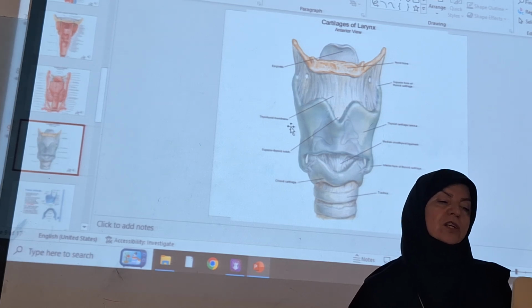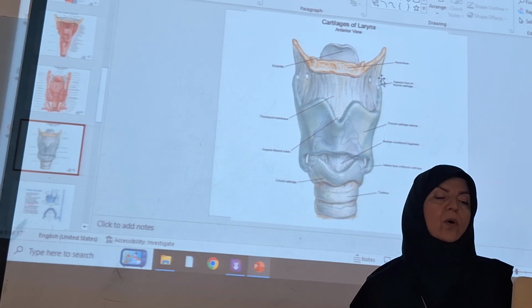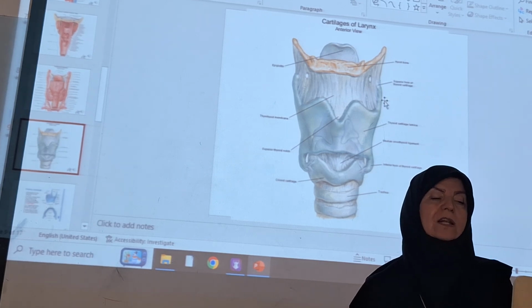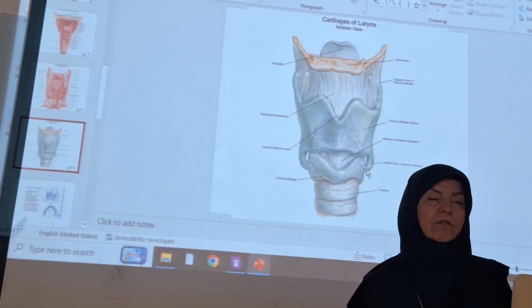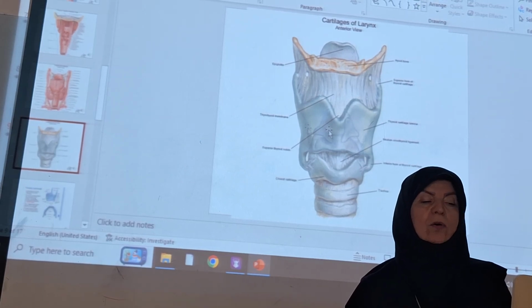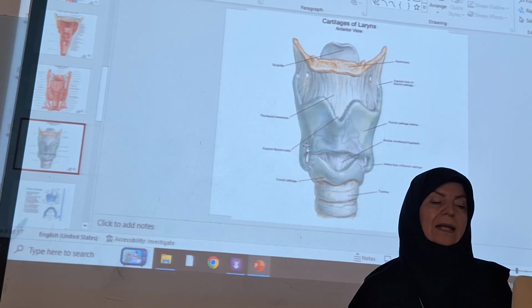Posteriorly, each lamina consists of 2 horns, the superior horn and the inferior horn. Which of the horns is longer, the superior horn or the inferior? Superior horn. The thyroid cartilage consists of the superior border and inferior border.